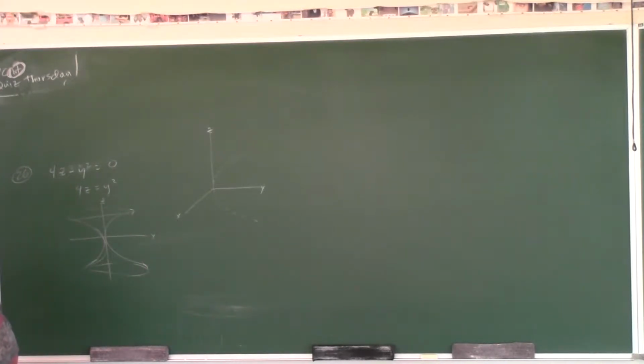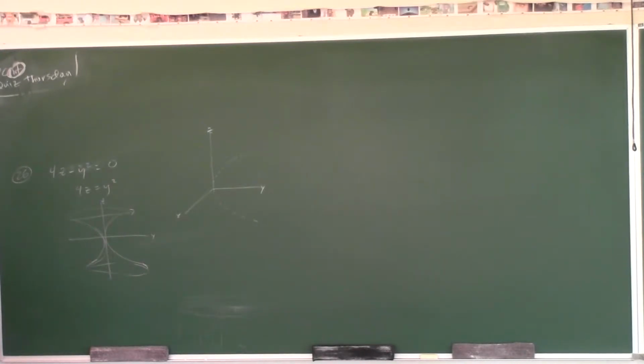Now, what if you looked at the traces? Does that work? The traces. I don't know, I'm trying to think of the traces. There must be something you can just do to the equation.